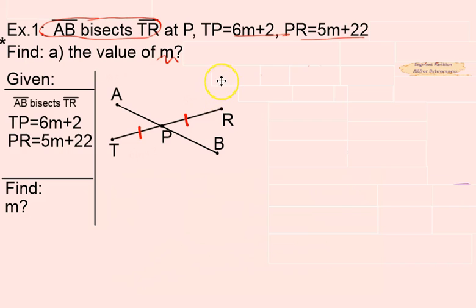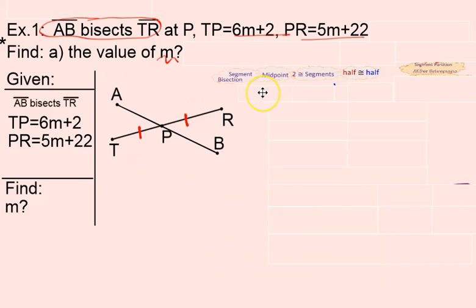From the definition of a segment bisector, we must realize the connection to the fact that there is a midpoint and therefore two congruent segments formed on the bisected segment, and those two segments are halves.